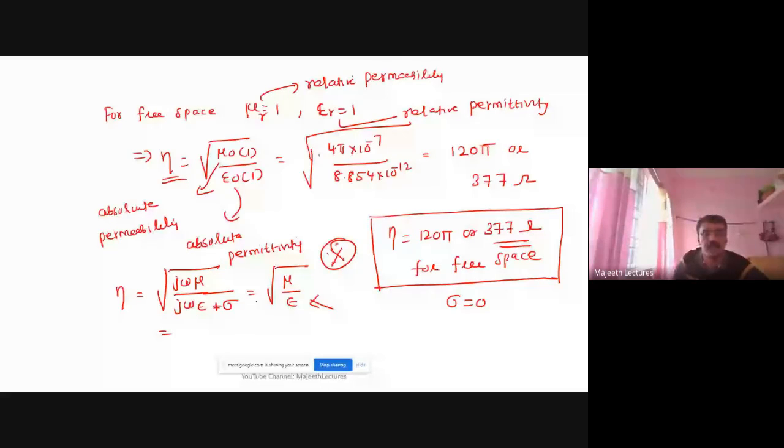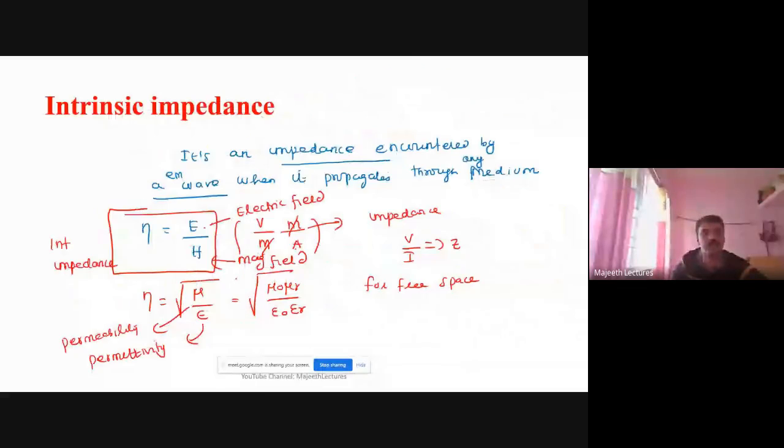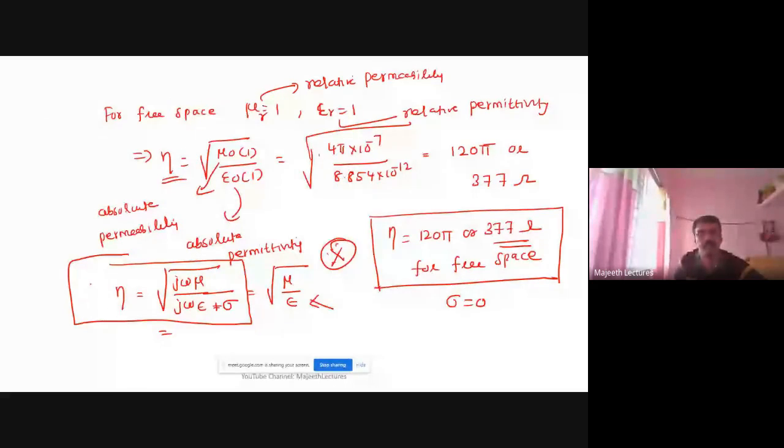So for intrinsic impedance, we have three formulas. Eta is equal to root of j omega mu by j omega epsilon plus sigma. This is the first formula. Eta is equal to E by H. Eta is equal to root of mu by epsilon. This mu by epsilon has come from the first equation only, right? For free space, it will be mu by epsilon.